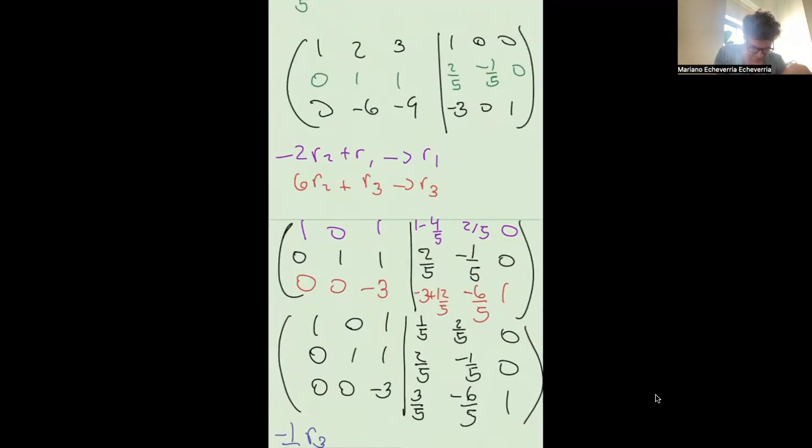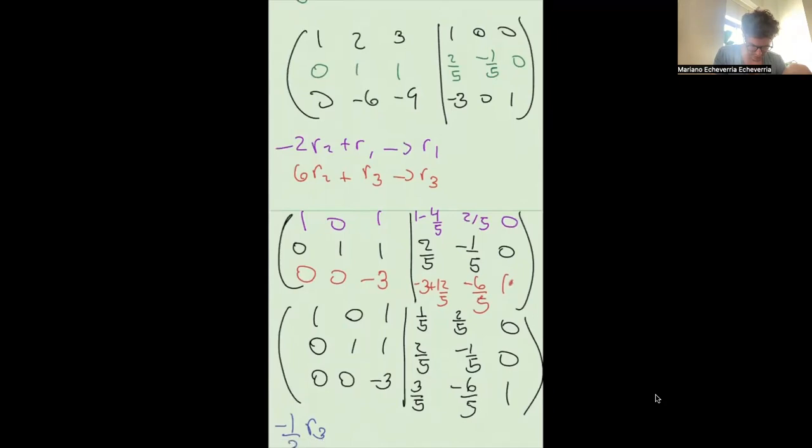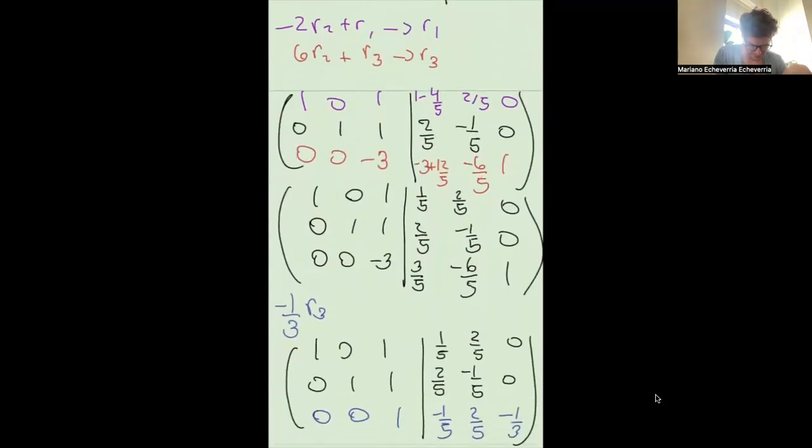So what happens when you do -2, 2? Yes, to 5th. Okay, this looks fine also. This looks fine. This looks okay too.